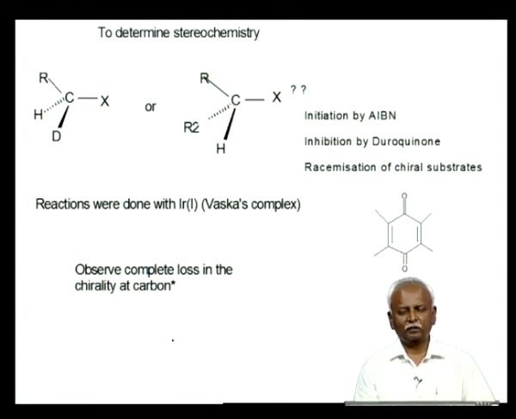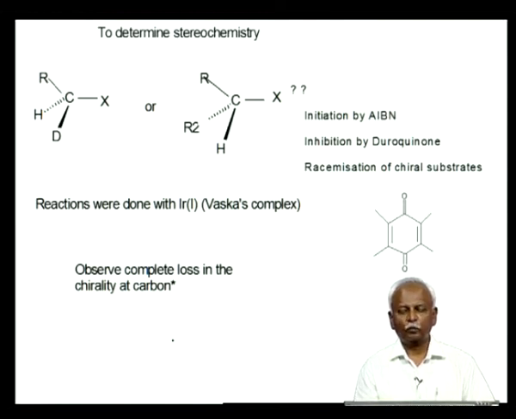Now, oxygen is paramagnetic and has the capacity to induce radical nature to a reaction, and so one has to deoxygenate the solution carefully. When one did that, this loss in chirality was sometimes not completely observed.